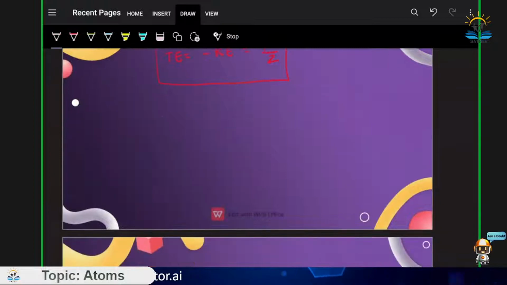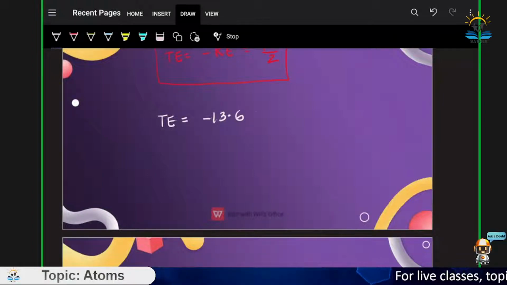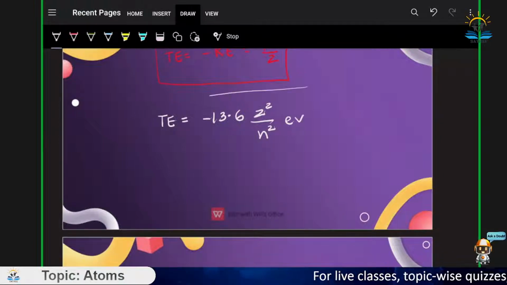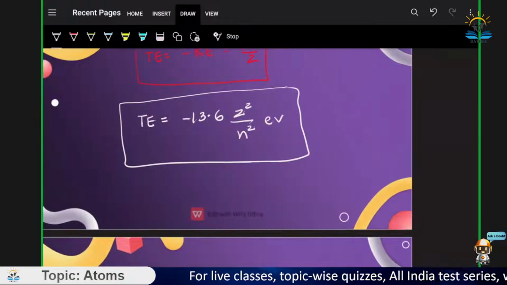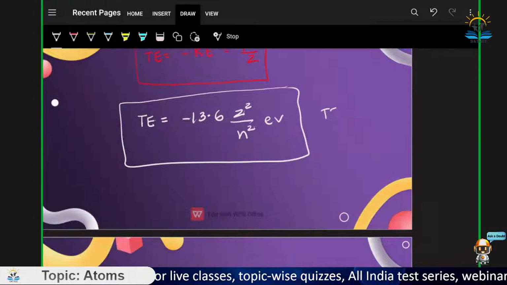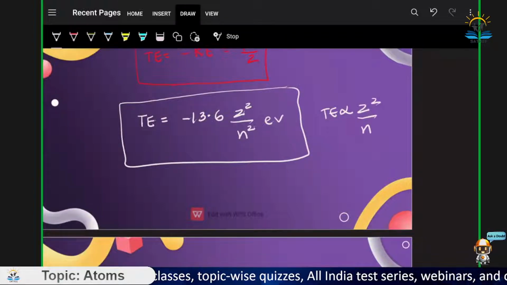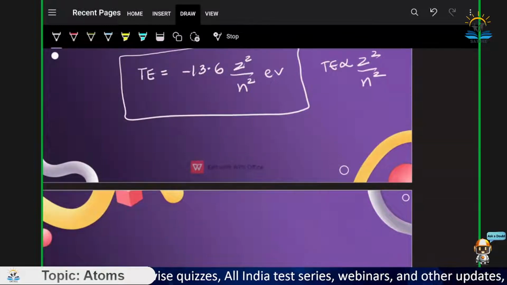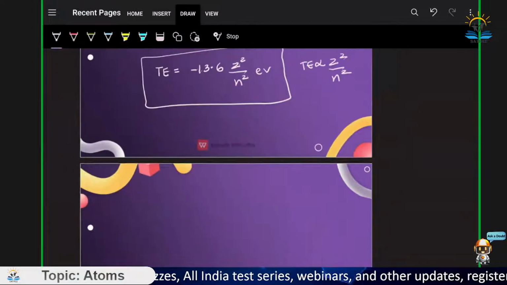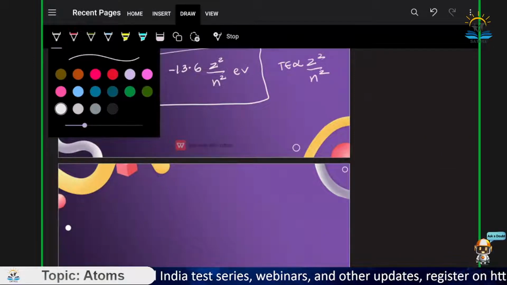The next equation for total energy is minus 13.6 z square by n square electron volt. This is the important main equation for total energy. This 13.6 electron volt is actually the Rydberg constant.